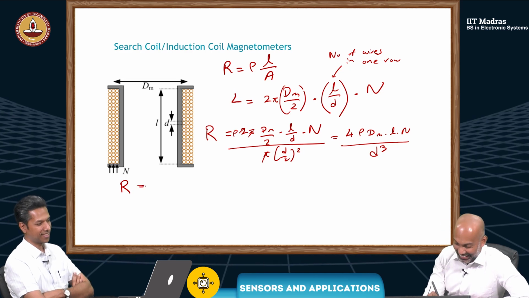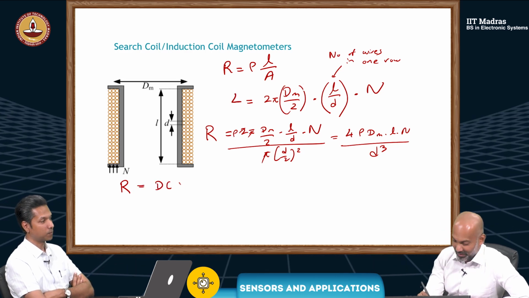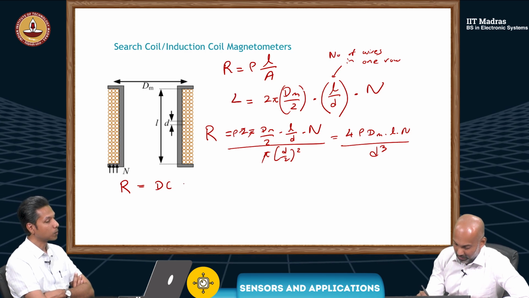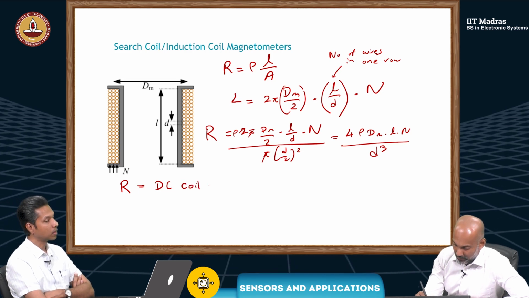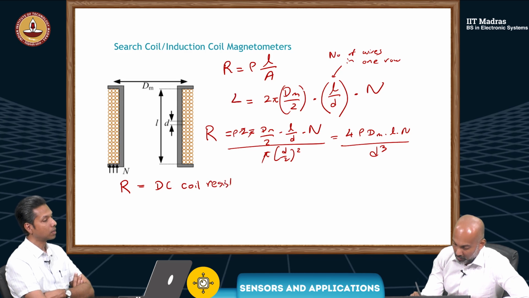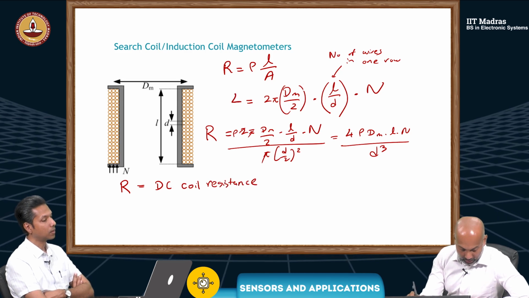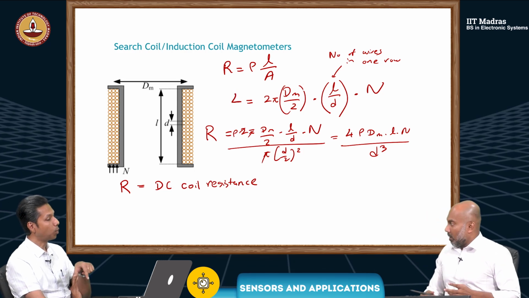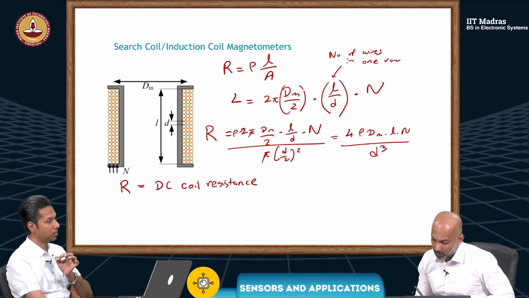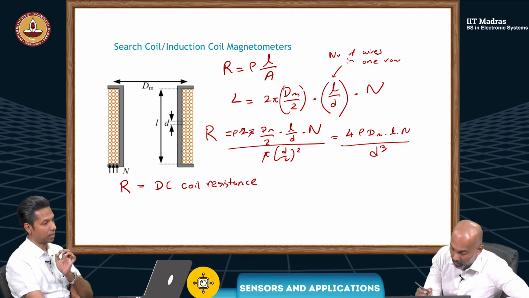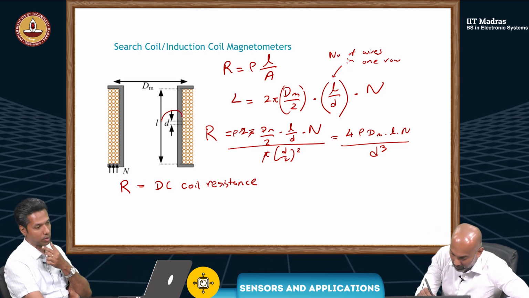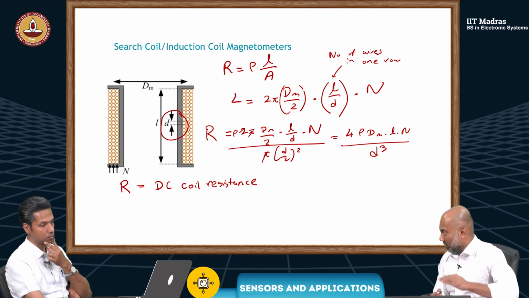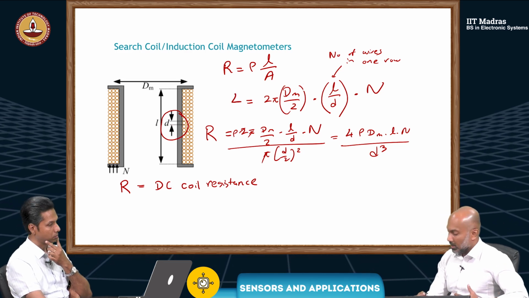It's the DC coil resistance. Now, we talked about the small d, which is the diameter of the individual wire, the length, and the number of layers.